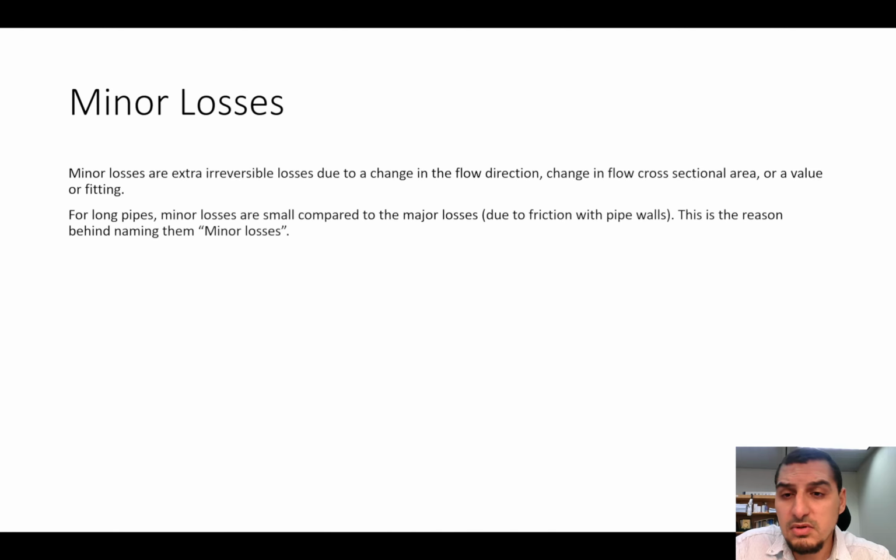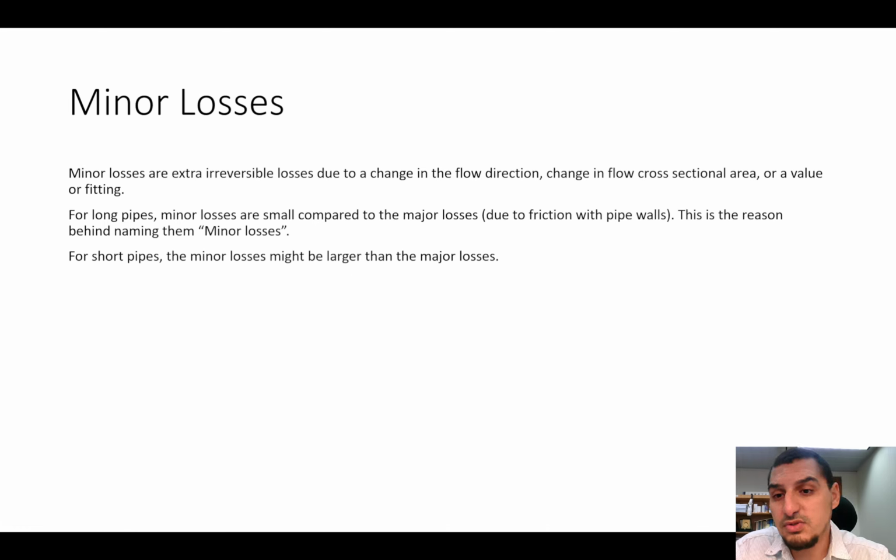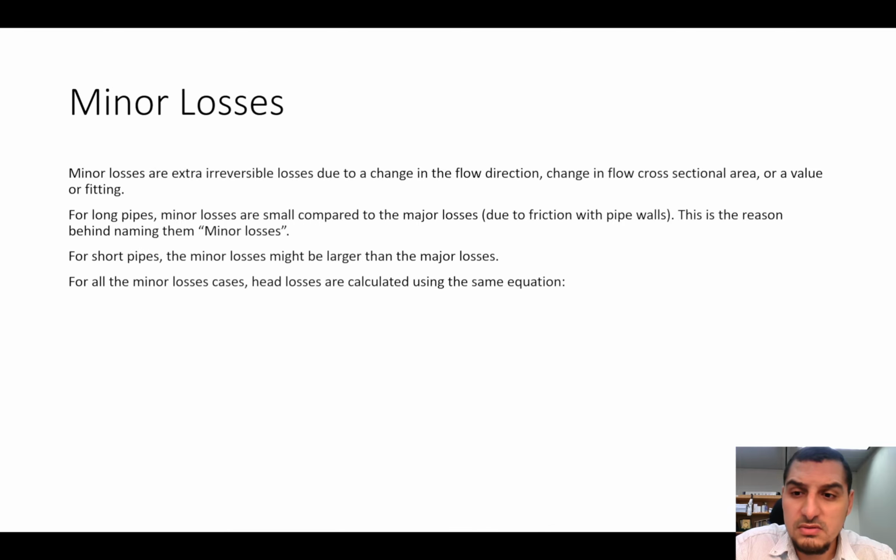These losses are called minor losses because in long pipelines their values are usually much smaller than the major losses, which is the losses we discussed before. That's why we call it minor losses. However, if we have shorter pipes, the minor losses might be more significant than the major losses. So it's not necessarily that minor losses are smaller in value, but they are usually smaller in value.